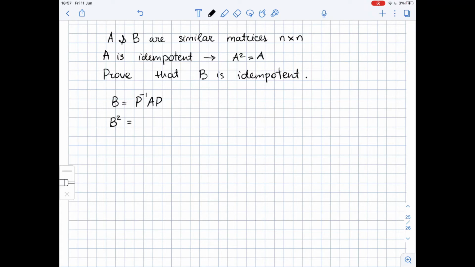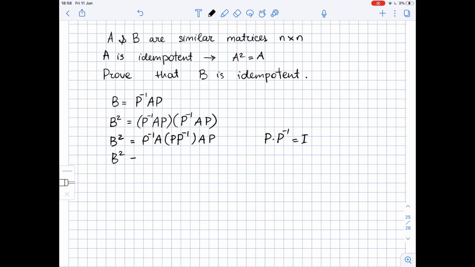So we will get B squared equals the inverse of matrix P times A times P multiplied by the same expression, so the inverse of matrix P times A times P. That means that B squared equals the inverse of matrix P times A times P times P inverse times A times P. We know that P times the inverse of matrix P equals the identity matrix.